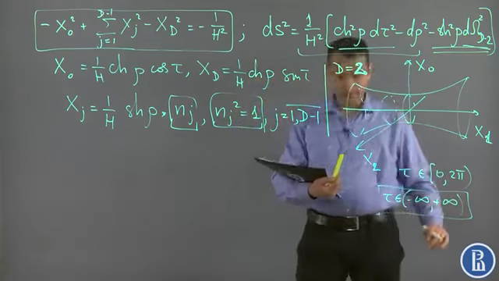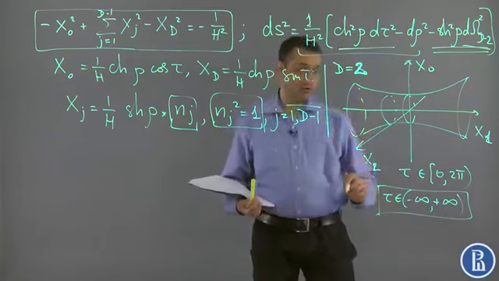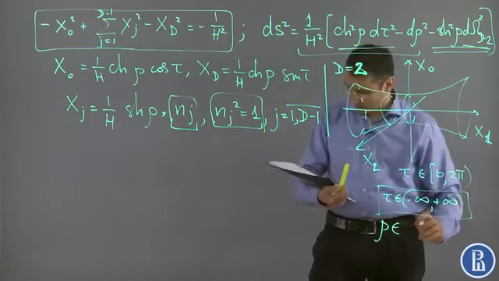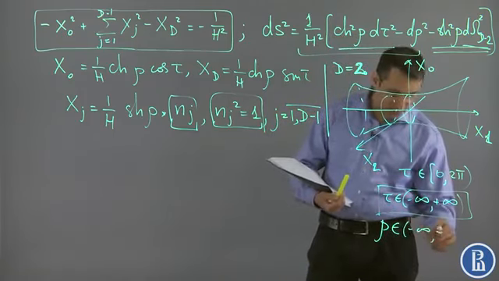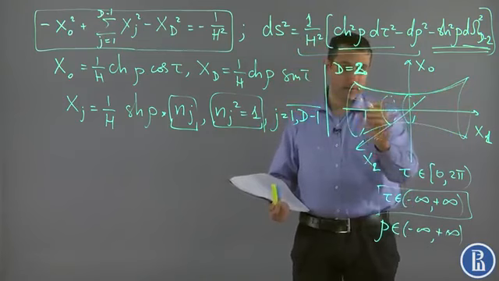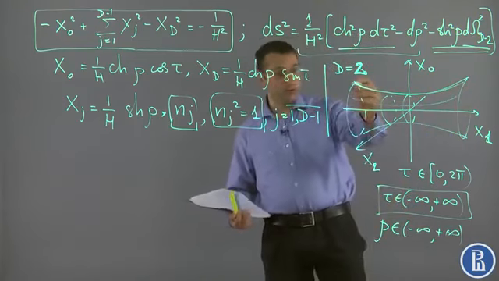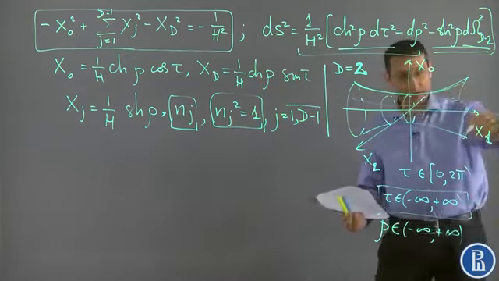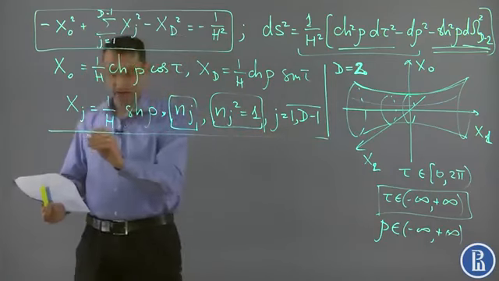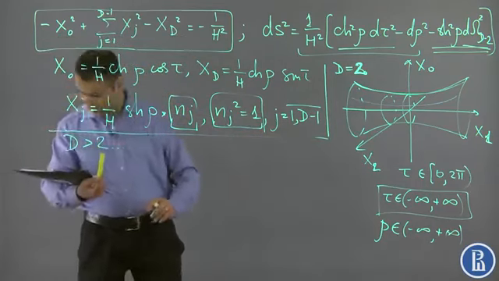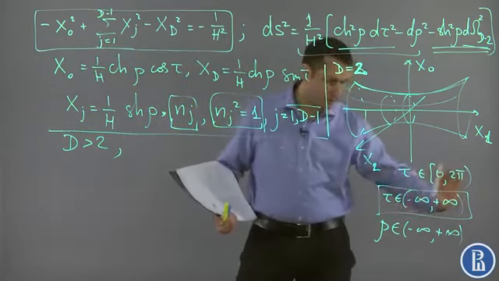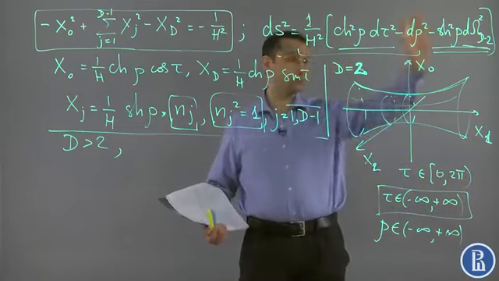One more comment: in two-dimensional anti-de Sitter space, rho ranges from minus infinity to plus infinity, and a constant tau slice is just a hyperbola, one of the hyperbolas lying on this hyperboloid, and two-dimensional anti-de Sitter space has two boundaries, here and here. While if we consider d greater than 2, starting with 3 and so forth, the range of values of tau does not depend on the dimensionality.